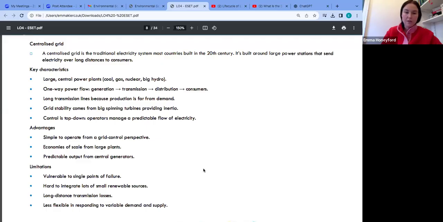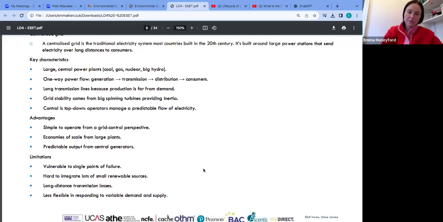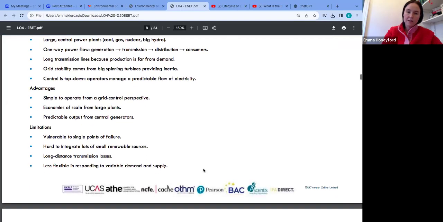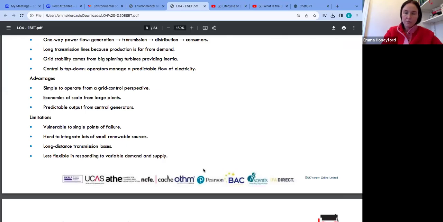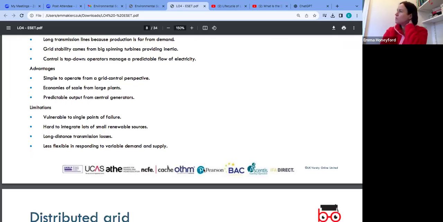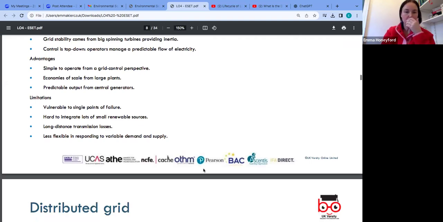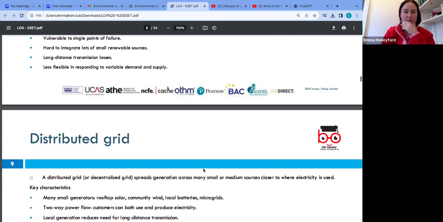So there's that loss of energy, which isn't sustainable. It is also less flexible in responding to variable demand and supply. It will keep on pumping energy, but we don't always need that constant flow of energy. So it's about how we manage that. And we have seen the energy losses over time from using the central grid.